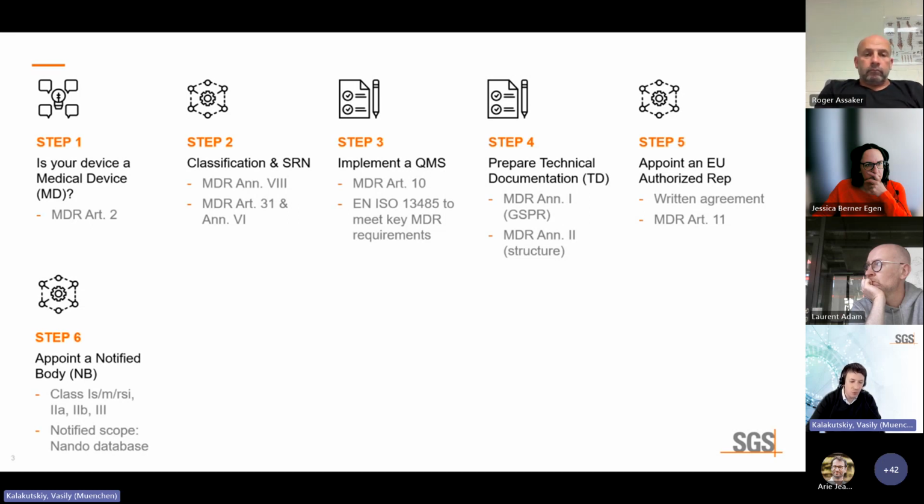Not all notified bodies are the same. When you look in the NANDO database, the European database that contains the list of all notified bodies for all directives that exist in the EU, you can filter by MDR and see who is offering the service. You may check the scopes of the notified bodies and see that some of them don't have full scope, and this is quite normal.